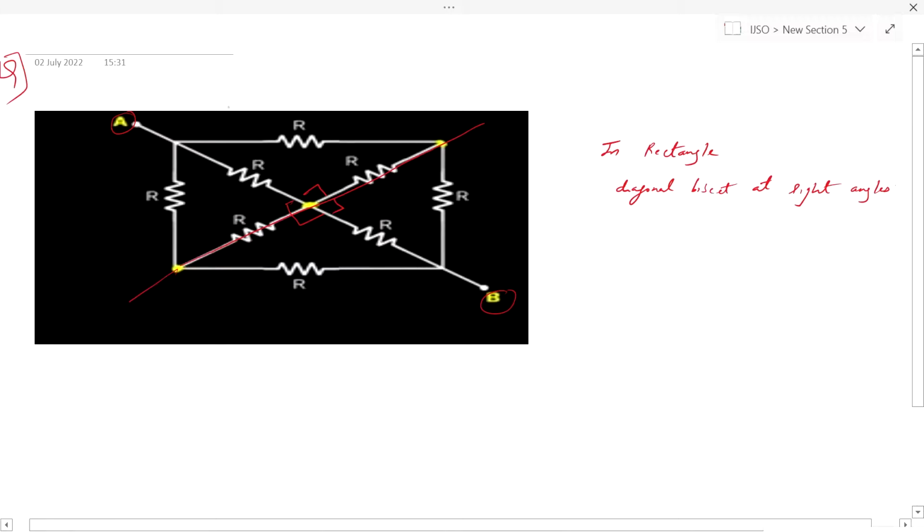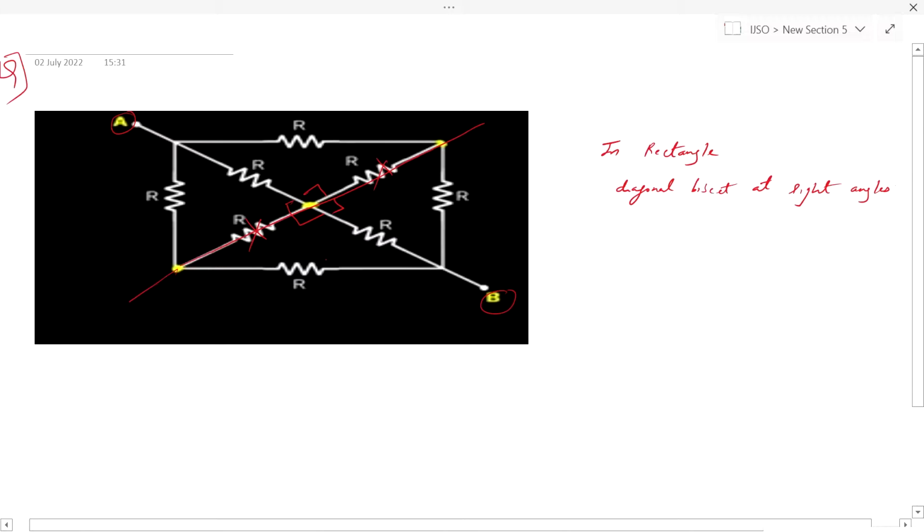So what I will do, as such, you can ignore this part. It's very simple. Now get the answer. This resistance and this resistance will get ignored.